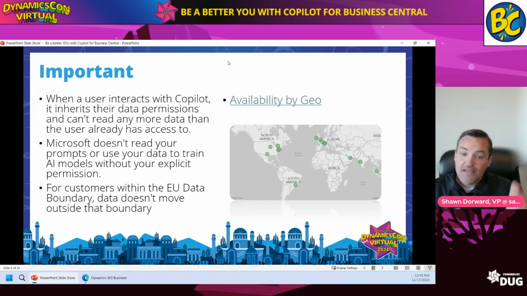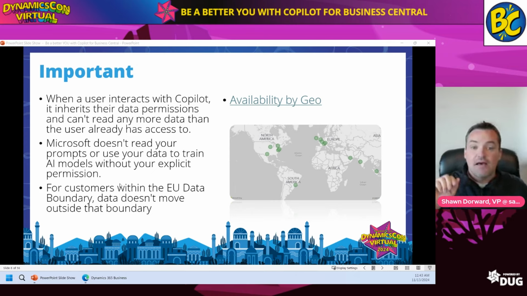For customers within the EU data boundary, data doesn't move outside the boundary. And also, last one here, and I'll put this link in here. But I get asked this a lot. Is Copilot available in my region? At SA Global, we're a global organization.